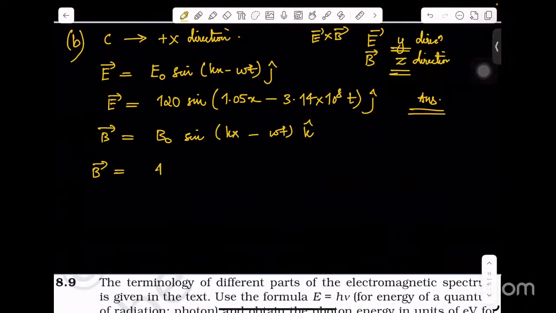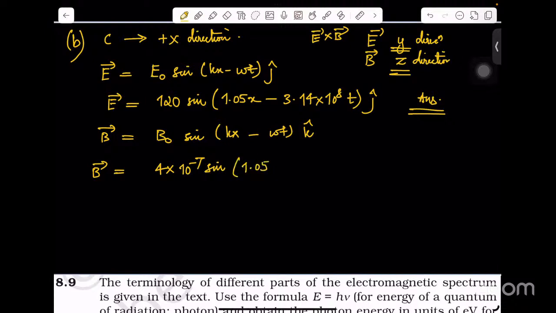So 4 into 10 raised power minus 7 sine 1.05x minus 3.14 into 10 raised power 8 t, k cap. So this is the answer to this question.